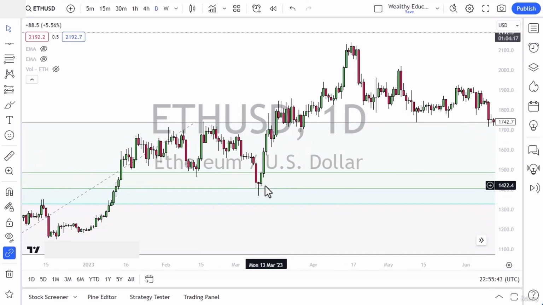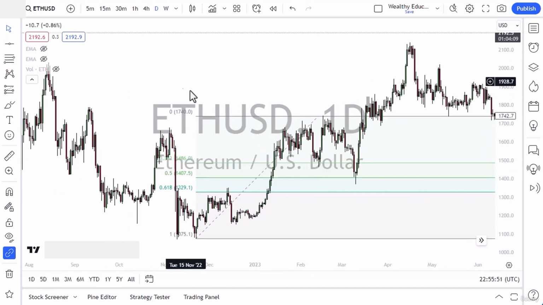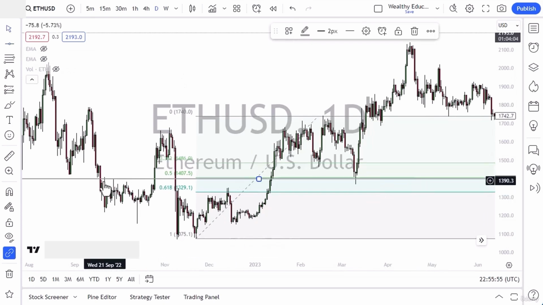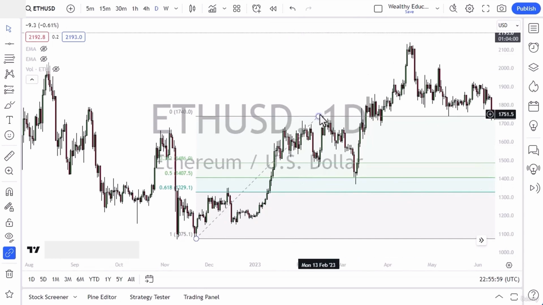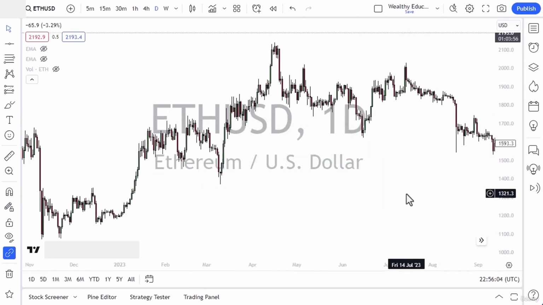That would be a signal to get long. That's a bullish candlestick. In that case, you can start to build a case. At 1400, I'm going to take a wild guess and say that's mattered previously. Yeah, support and resistance. So again, you want to tie all this together. You can't place trades based on one simple indicator.